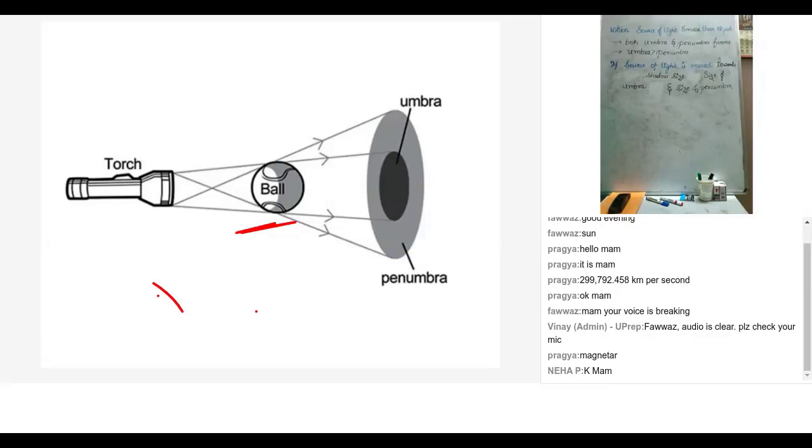In the earlier case, umbra is smaller than penumbra. In this case, you are talking about this one. Yeah, now the source of light is smaller. No, I'm asking about the umbra.